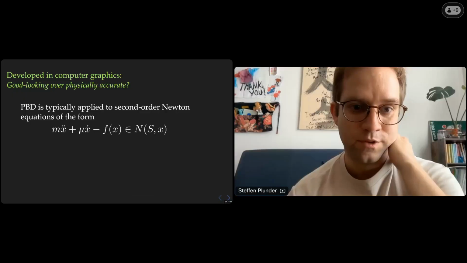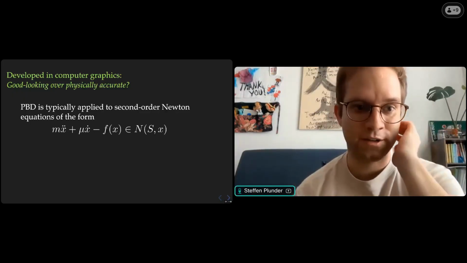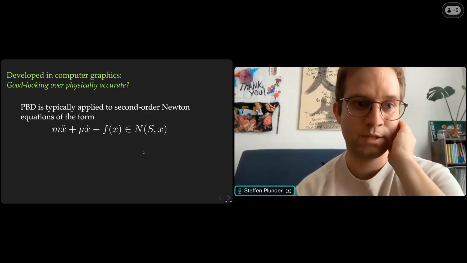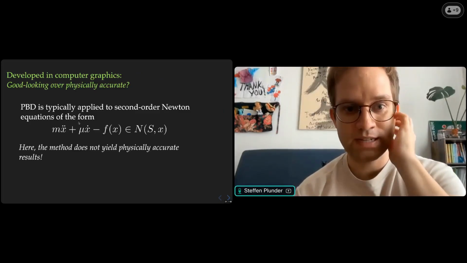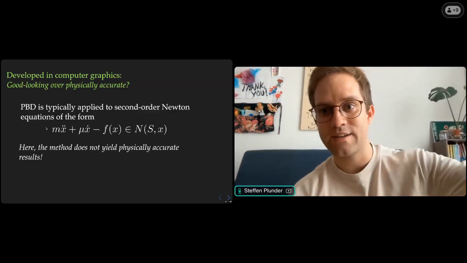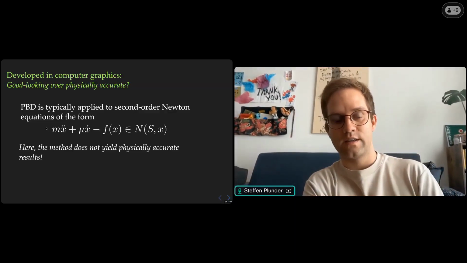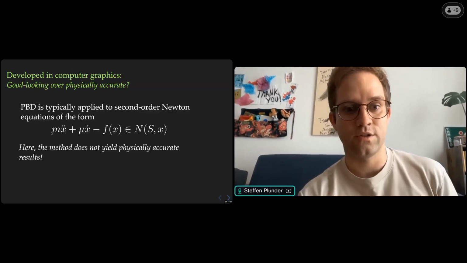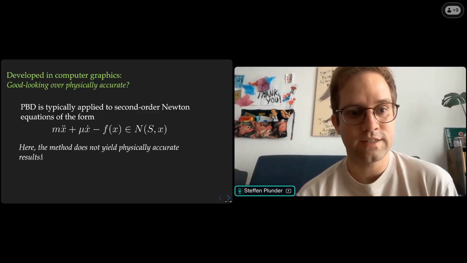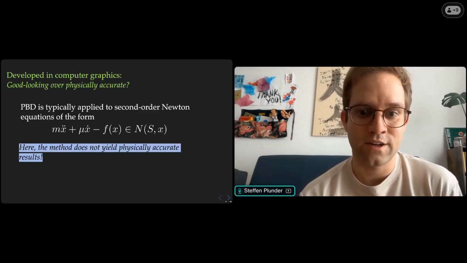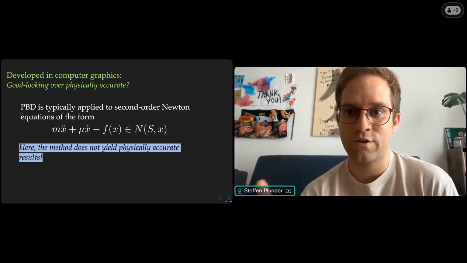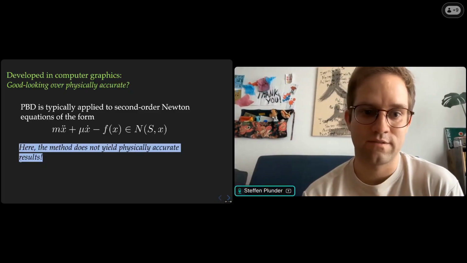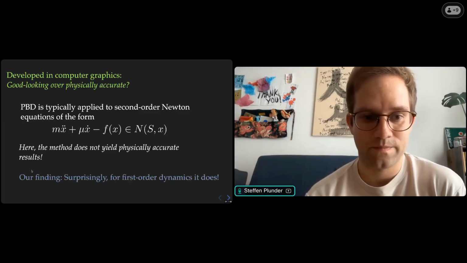From computer science, computer graphics methods are not the best because they are optimized to be really good looking. Position-based dynamics is actually mostly applied to second-order dynamics, which is what we usually have in physical systems. And interestingly, here the method does not converge. It's not physically accurate. The method is looking good, but it's not real, so to say.